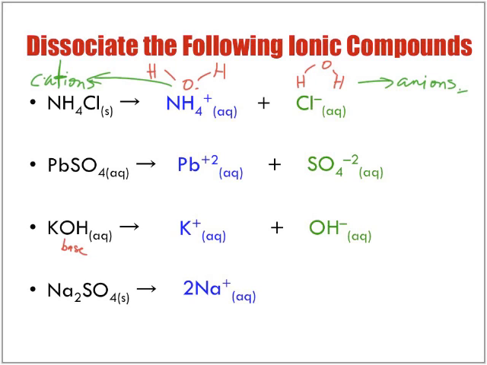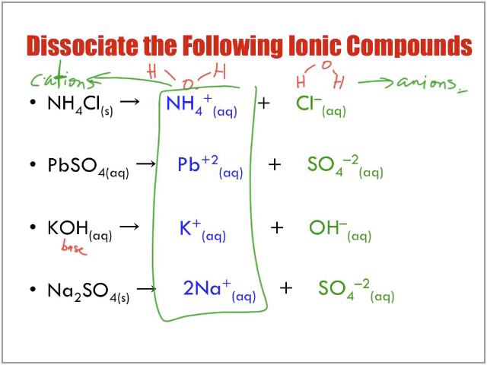Just 1 sulfate, which is SO4 2- aqueous. And as we said, the oxygen part of water is what surrounds all the cations. The hydrogen parts of water during this hydration surround all the anions in our dissociation.